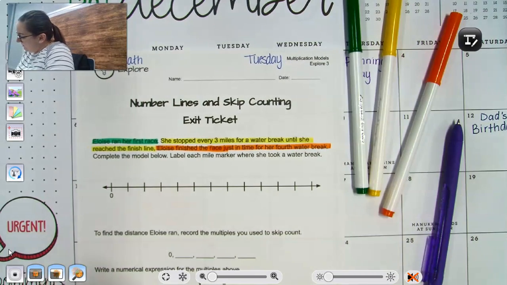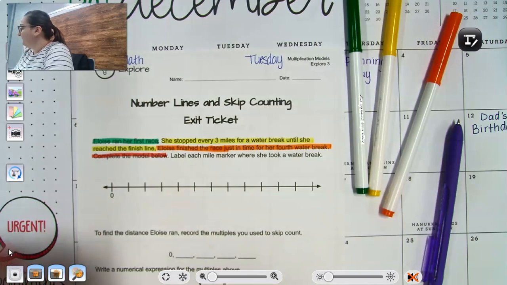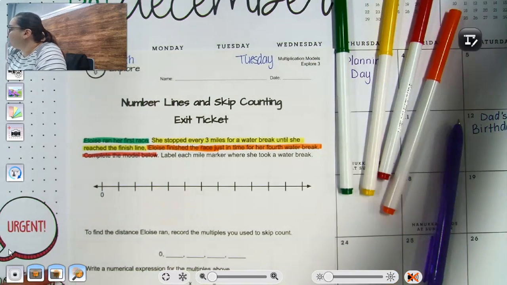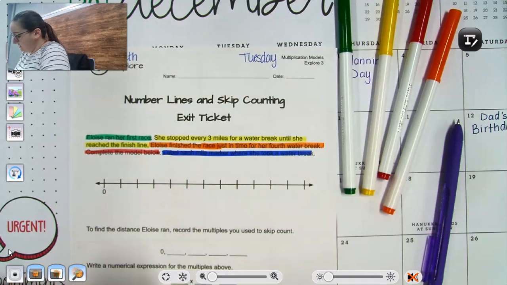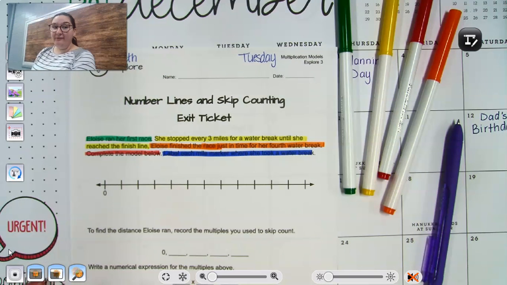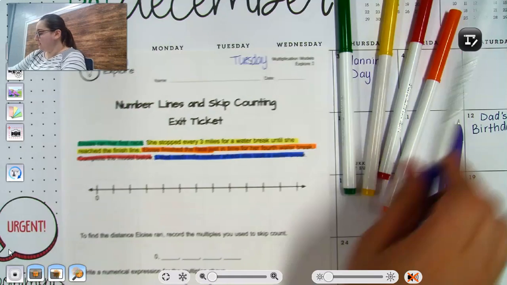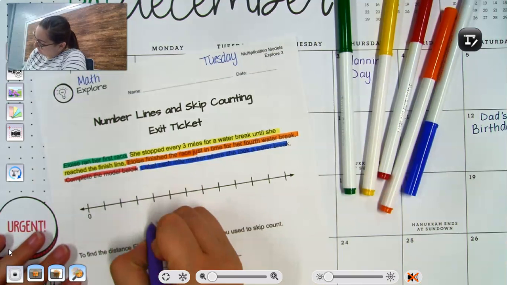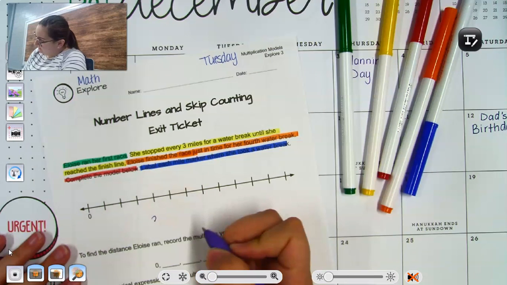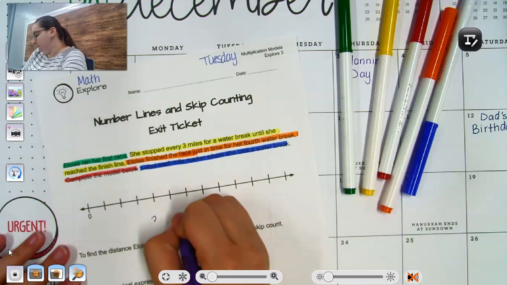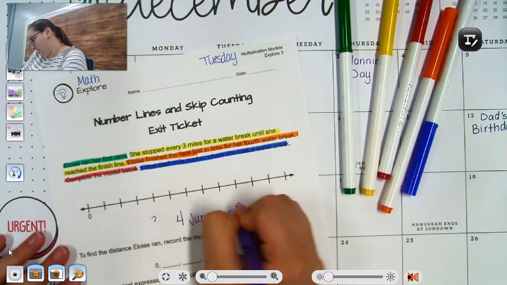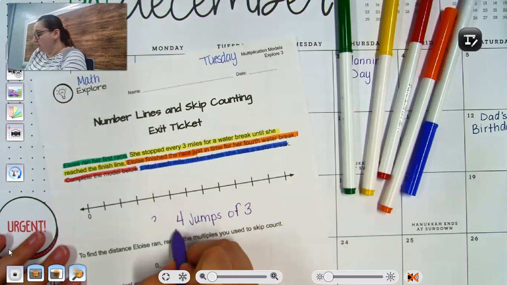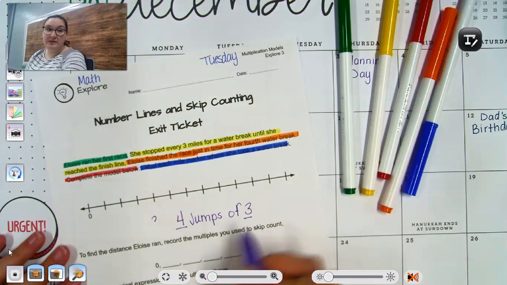It says complete the model below, and then label each mile marker where she took a water break. So she is stopping every 3 miles and she was able to get 4 water breaks. That means I'm going to do 4 jumps of 3 because she stopped 4 times every 3 miles.